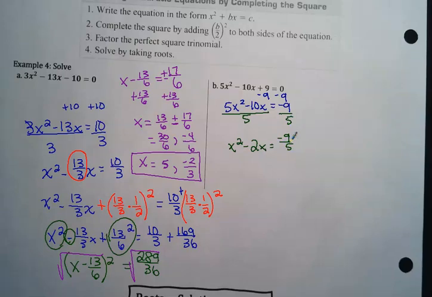Okay, now we're going to add the square of half the coefficient. So we've got x squared minus 2x plus negative 2 over 2 squared equals negative 9/5 plus negative 2 over 2 squared.